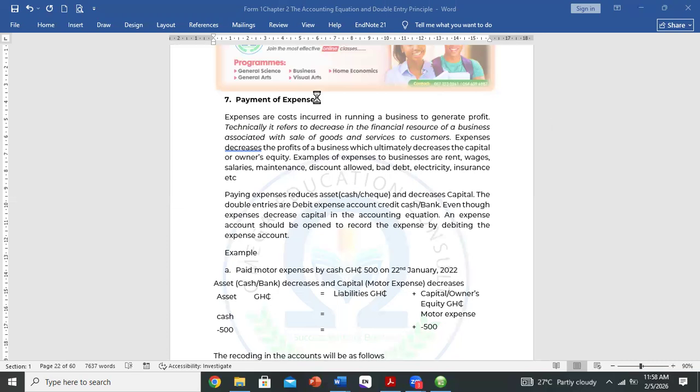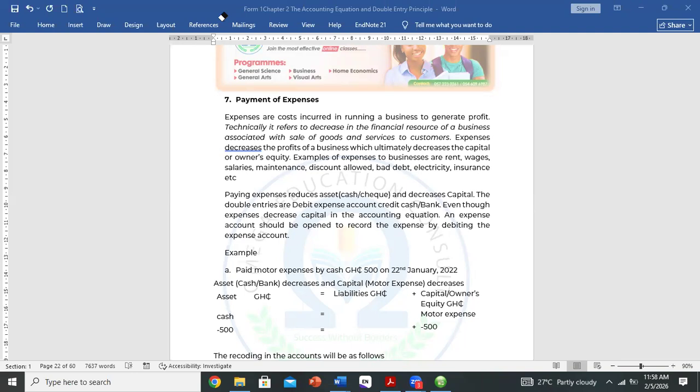Okay, thank you very much. In fact, some very important points here we have to note. And I am always quick to say that some teachers do not speak about this. So when students are given transactions to tell the effects of transactions on the accounting equation, they normally struggle when there is payment of expense. So please listen carefully.